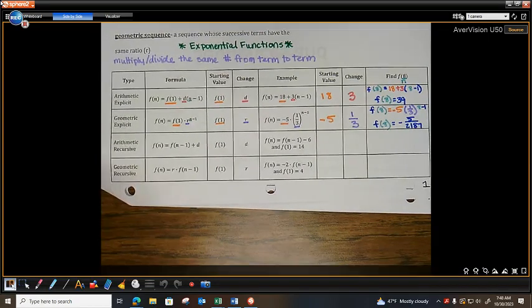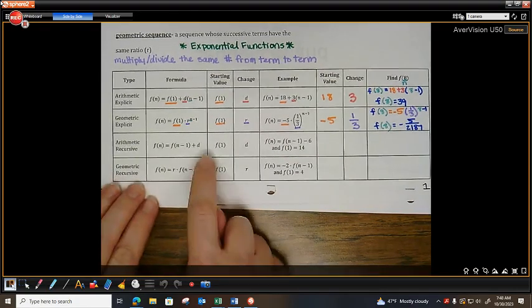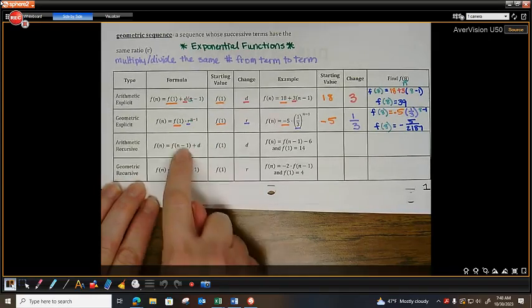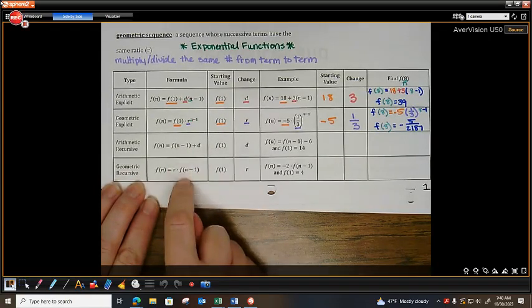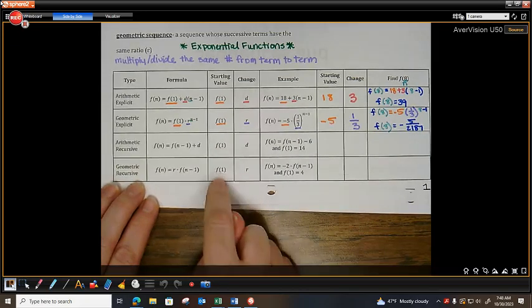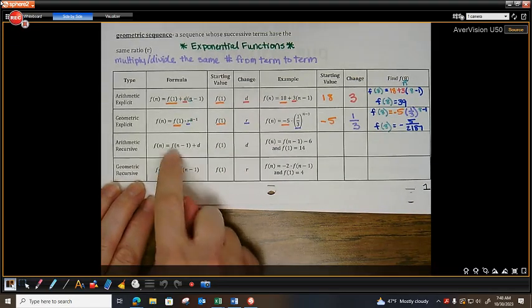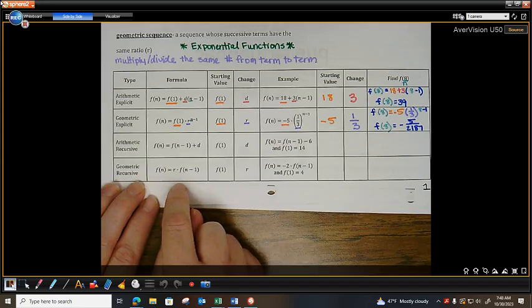Can you put your recursive in the calculator? No, you cannot. Do you see an f of 1 in your formula? No. So your starting value still is f of 1, but can you identify that from the formula? No, there's no f of 1 in the formula.